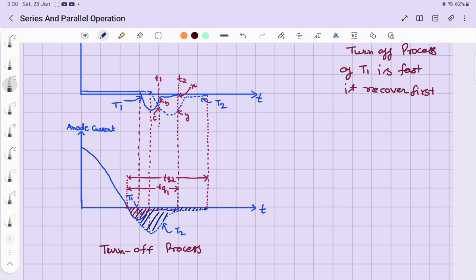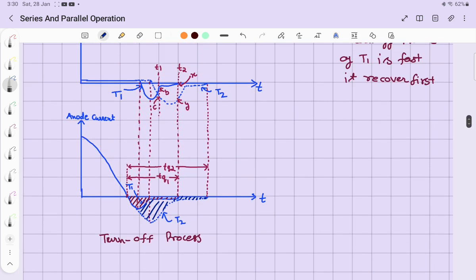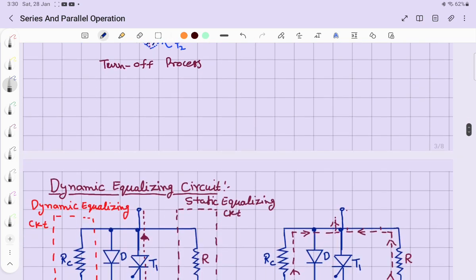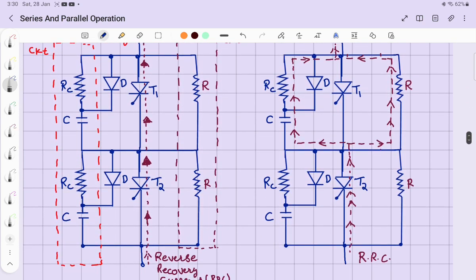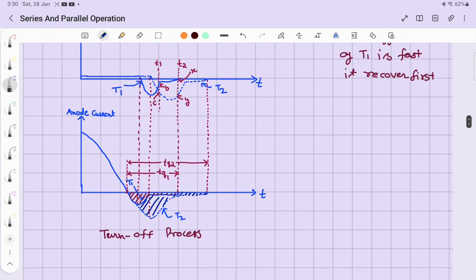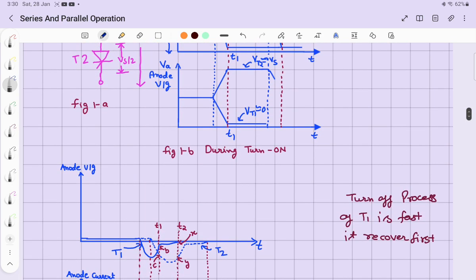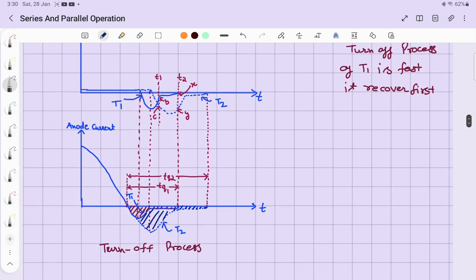Because of the difference in this accumulated charge, the voltage across each device would be different. Here you can see, during turn on as well as turn off, in both cases thyristors suffer from unequal voltage sharing, which you can see here at instant t1.